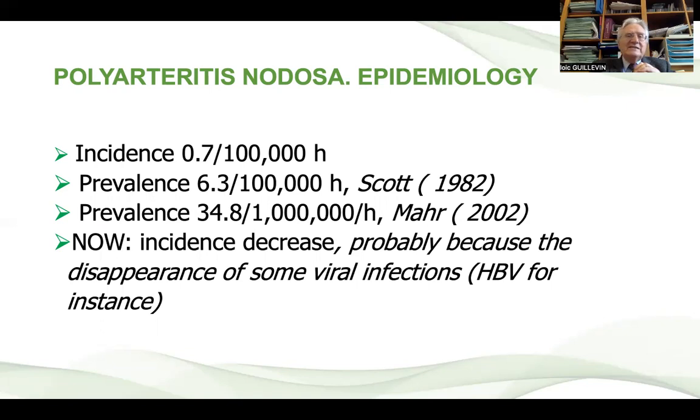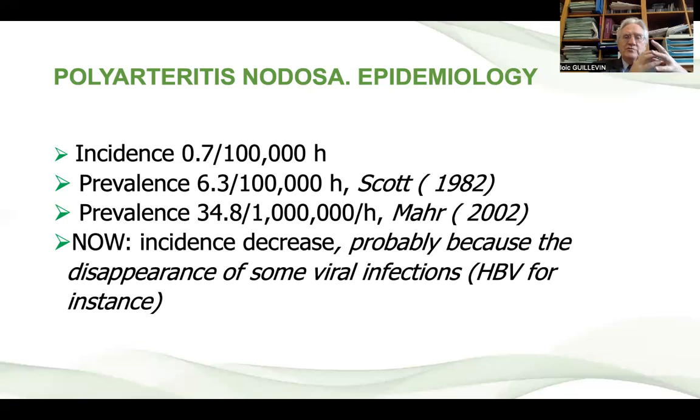In the 80s, the incidence in UK was 0.7 per 100,000 inhabitants. The prevalence, 6.3. In France, it was a higher prevalence in 2002, but a very low incidence. The reason is very easy to understand. At that time, we had really a lot of new patients who were infected by hepatitis B virus.